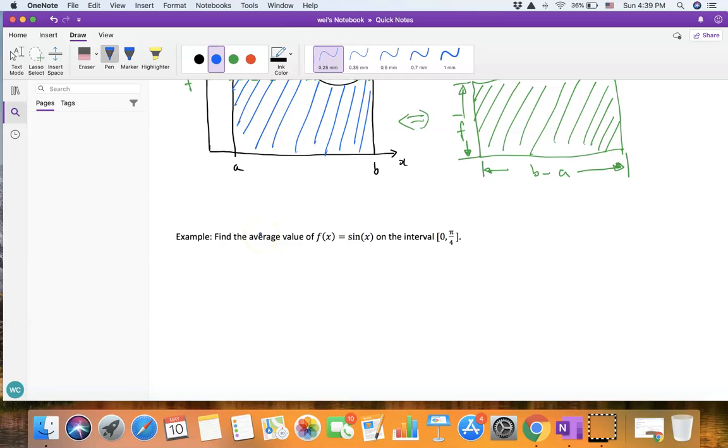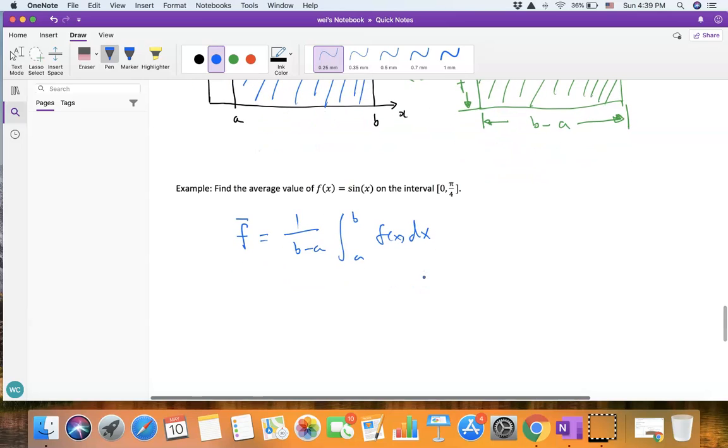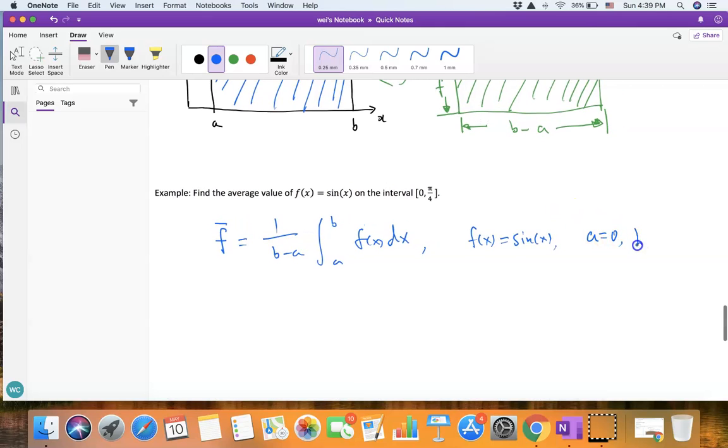According to the definition of the average value, here the function is sine of x, and a equals 0 and b equals pi over 4.